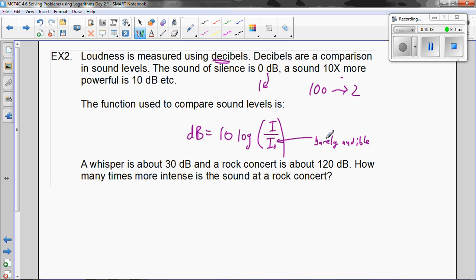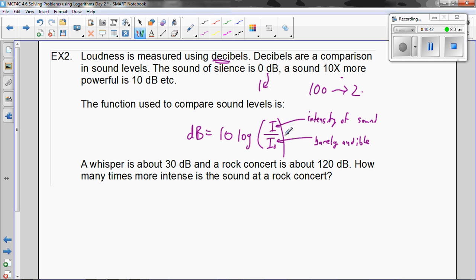We always go back and compare all of our intensity levels to that level. So this is the intensity of the sound we want to measure, for instance, a hand clap or a yell or a rock concert, and so on.